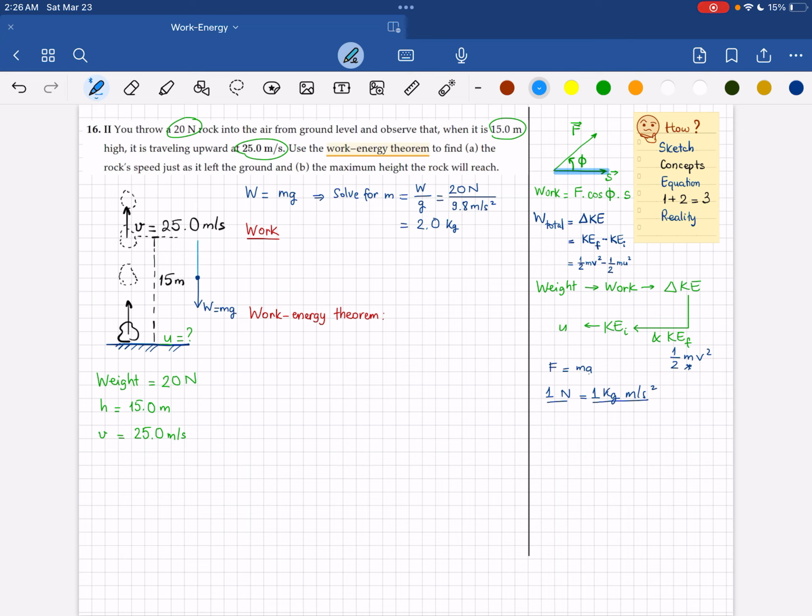So if I draw the displacement precisely based on this diagram, it should go from the initial position, this point here, up to the final position. So it should be something like this. This is the whole displacement S.